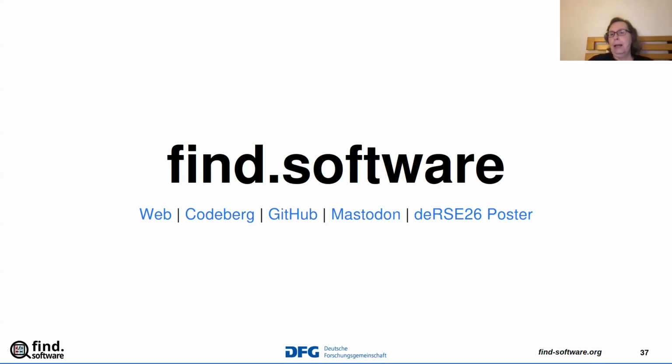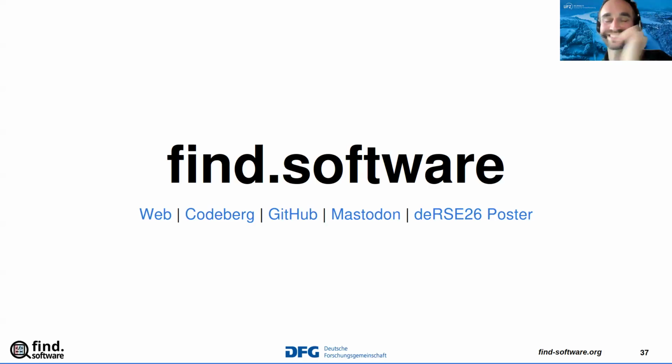ASCL is a registry of software used in refereed research in astronomy, and we've been listed with re3data for well over a decade. So they know we do just software. As Pete pointed out, the border between data and software repositories can be somewhat porous. A lot of organizations, especially funding organizations, classify software as data, which drives me crazy.